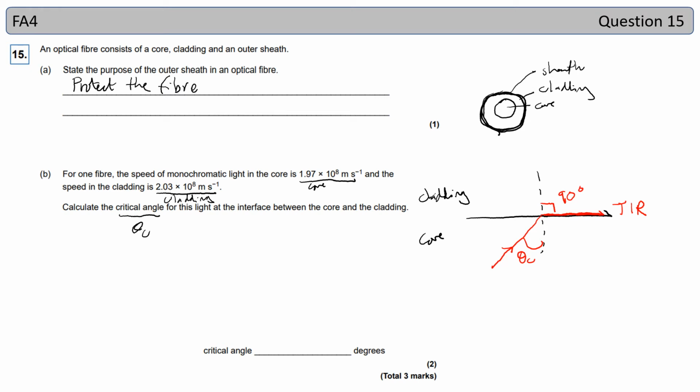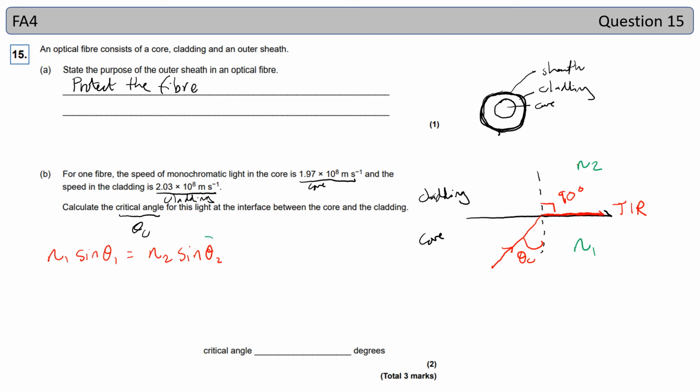So we know from Snell's law that n1 sine theta 1, where n1 would be the refractive index of the core, is equal to n2 sine theta 2, where n2 is the refractive index of my cladding.